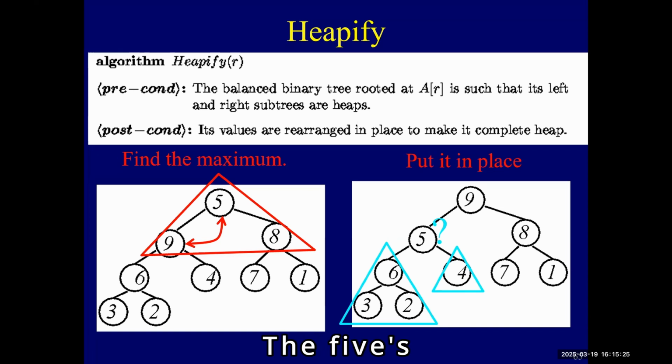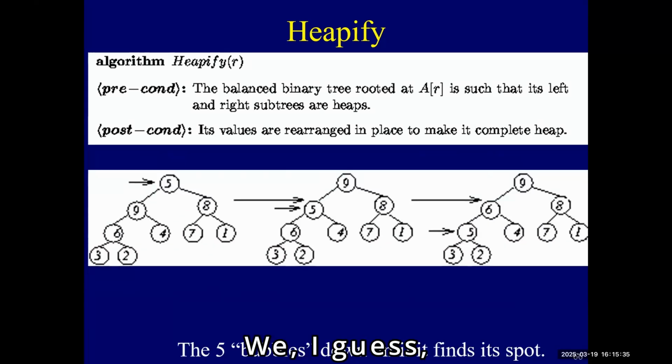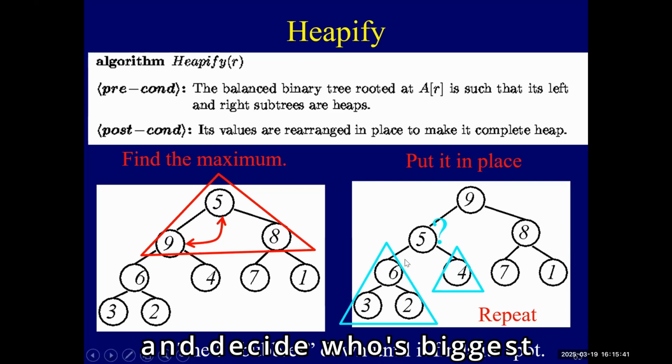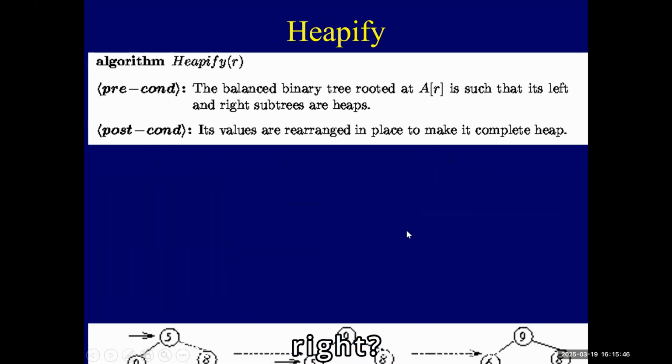The 5's still a problem. So what we do is we ask, okay, who's 5 upset with? We compare these 3 numbers and decide who's biggest. And 6 is the biggest, so we swap.